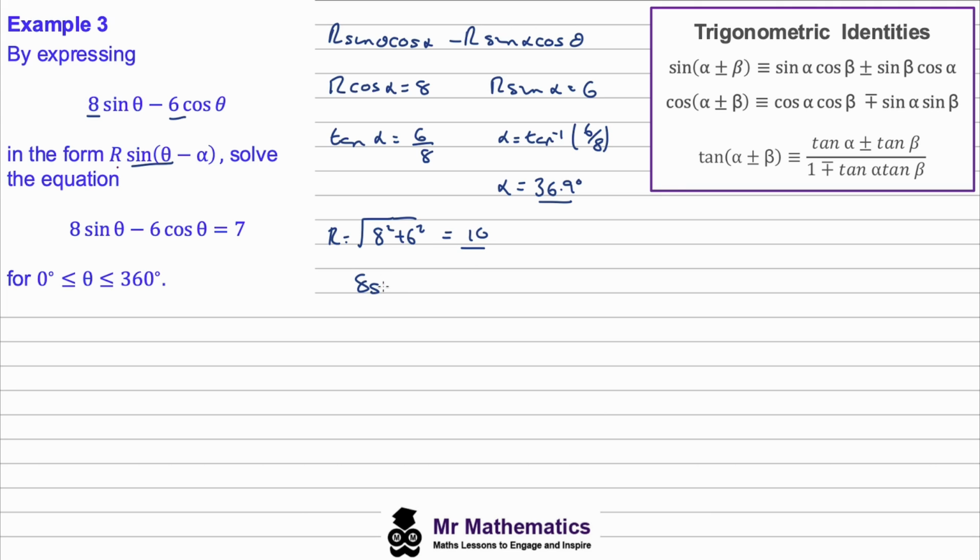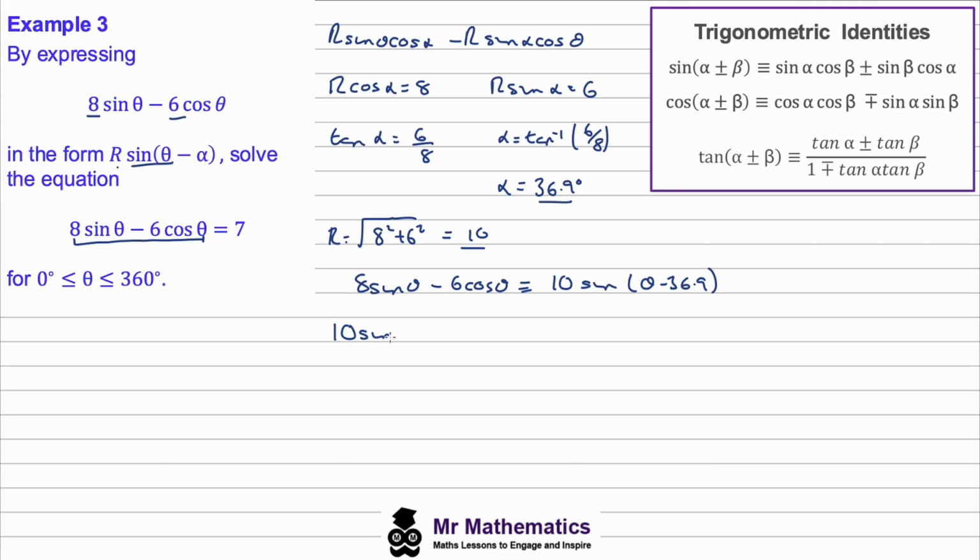So 8 sine theta minus 6 cos theta is identical to 10 sine theta minus 36.9. To solve this equation, well, we've just worked out a simpler version of this, so we can substitute what we've just worked out into this left-hand side.